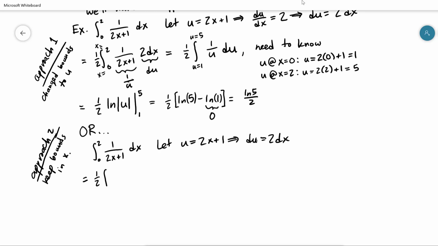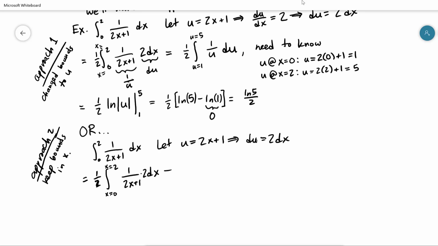It's 1/2 the integral from, let me make it totally clear that I'm going to be mixing variables when we do this, x equals 0 to x equals 2 of 1 over 2x plus 1 dx with an extra factor of 2 dx.